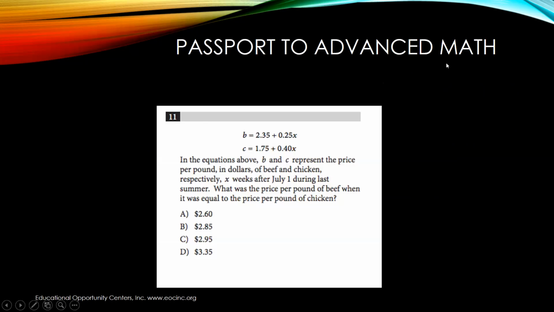Here's another example of passport to advanced math. In this one, you want to find the price per pound of beef when it was equal to the price per pound of chicken. You guys see if you can solve that with just your basic knowledge.